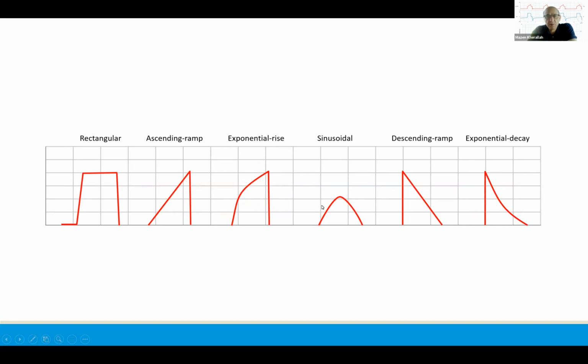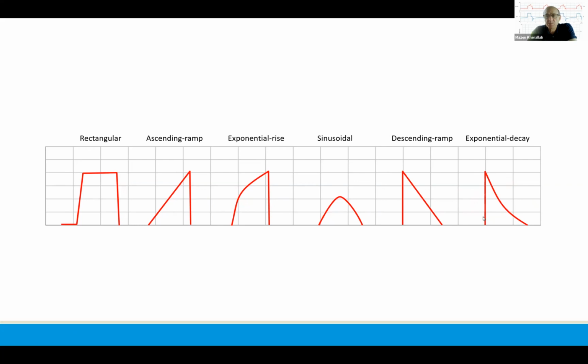Typical for a spontaneous breath, you see the sinusoidal gradual rise and then gradual decrease. The most common one that you see in terms of flow is the decelerating or descending ramp, where it goes up all the way to the peak and then decelerates gradually. Of course, it may decelerate at different rates.